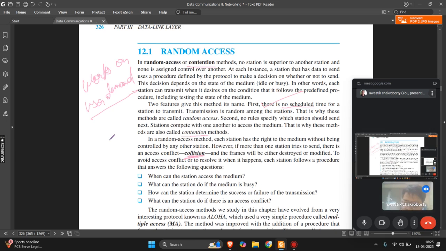Only one will be transmitted and the other will be either destroyed or modified. So frames will either be destroyed or modified. If there are two stations and only one channel, one sends a packet and another also sends a packet, but only one of these packets will make it through, whereas the other packet will get destroyed.